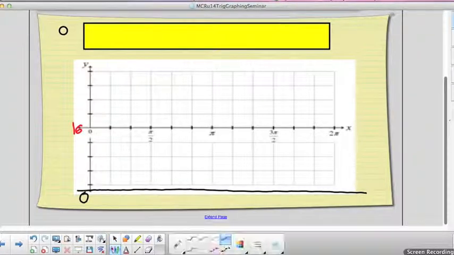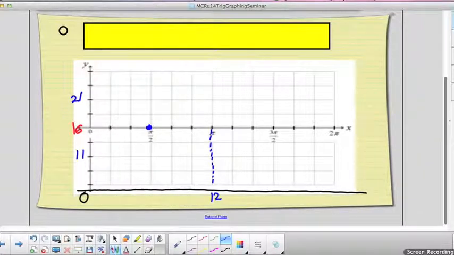We're going to complete a cycle every 12, so let's make this 12, because the cycle is going to be completed every 12 hours. Then the minimum is 11, so let's make this 11, and maximum is 21, right?